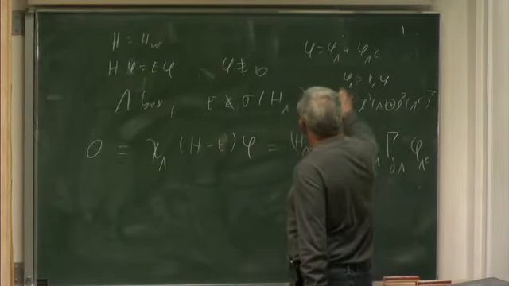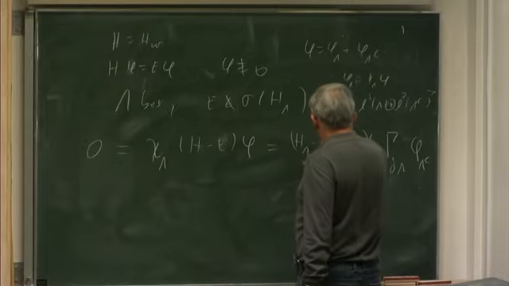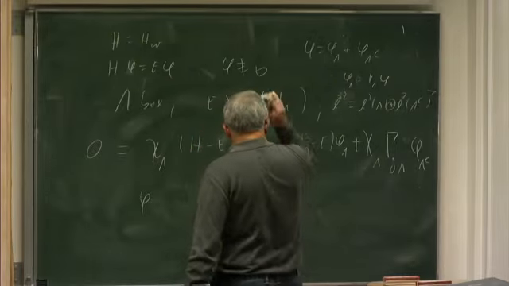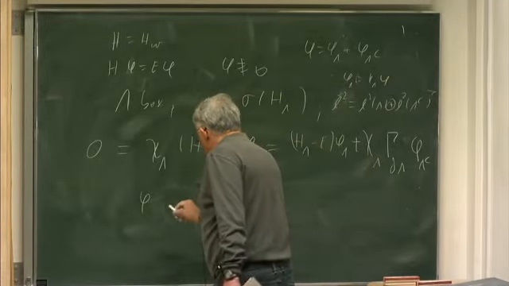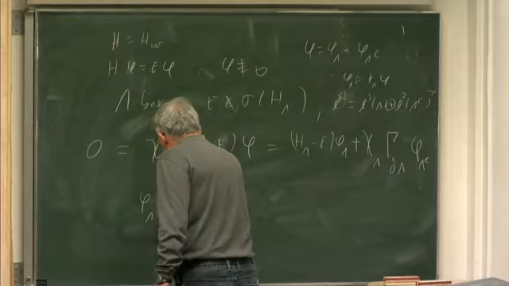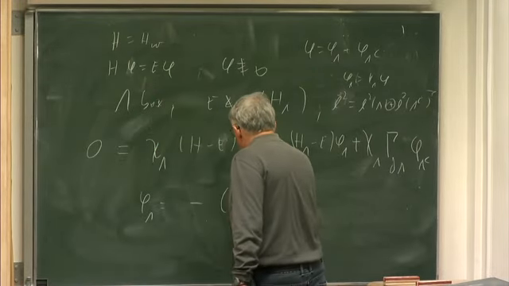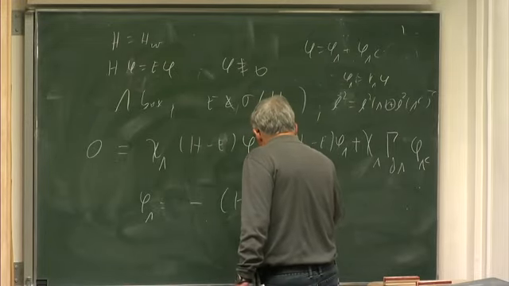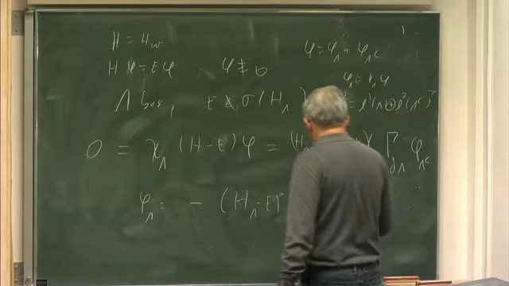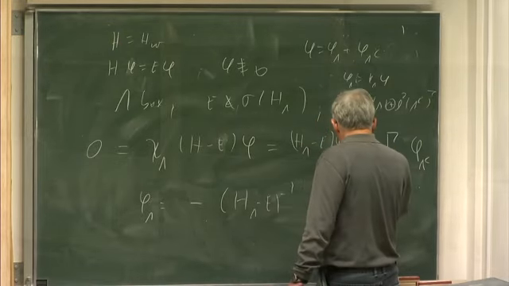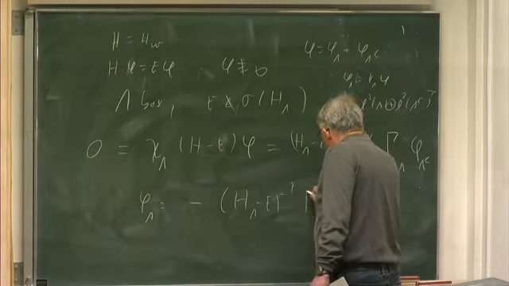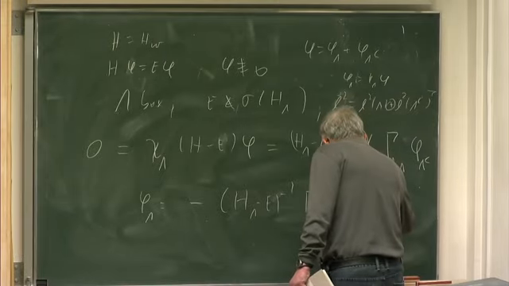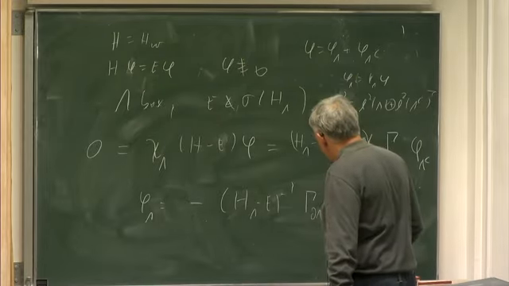Since this condition is simply telling me this is invertible, I can write the operator, and I get that phi of lambda is minus h lambda minus E inverse, this is already cancelled, this times gamma of phi of lambda complement.